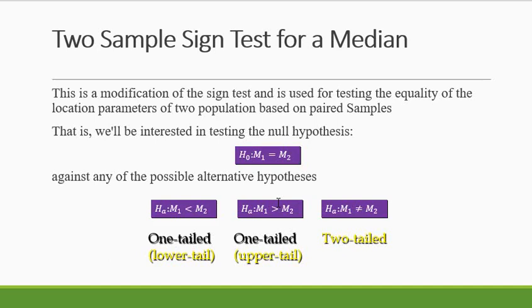So this test is developed for paired samples, not for independent samples. That means the sizes n1 and n2 of both populations should be the same. As usual, the null hypothesis is H0: M1 equal to M2, and the alternatives are M1 less than M2, M1 greater than M2, or M1 not equal to M2, the one tail and two tail hypotheses.